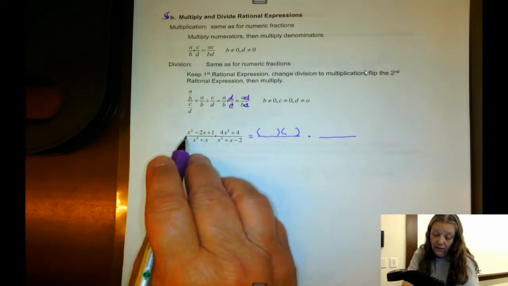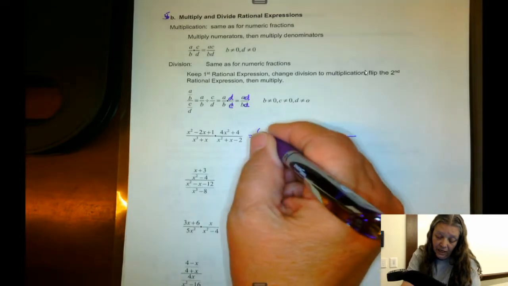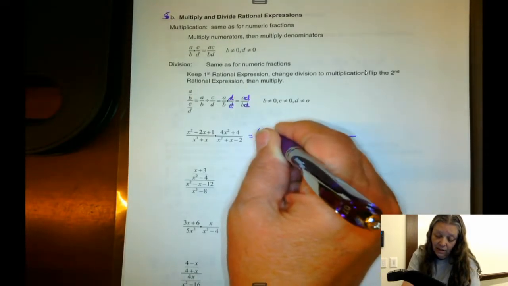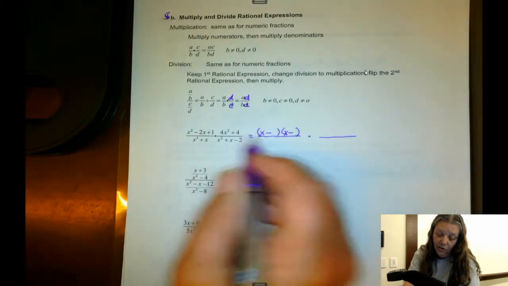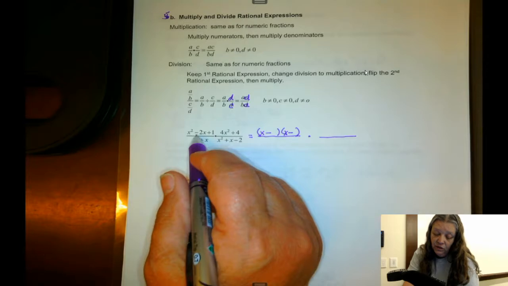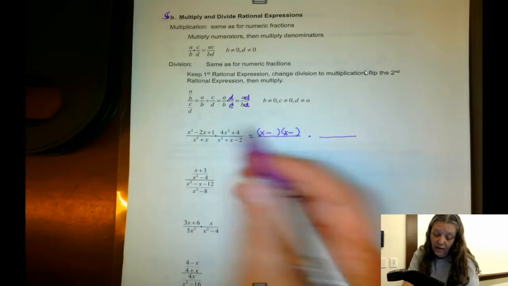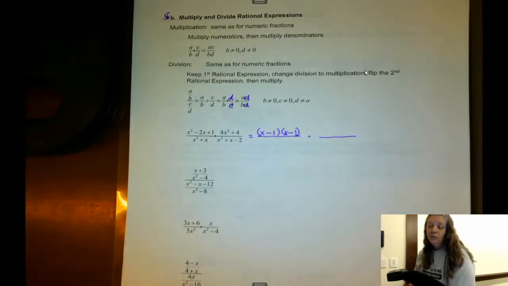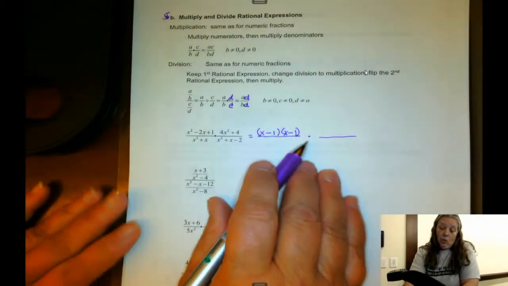So if we look at the x squared minus 2x plus 1, we have x and x, minus and minus. We know the signs are the same because the last sign is positive, so we go with the first sign, which is negative. And then it's 1 and 1 because we don't have too many pairs of numbers which when multiplied give us 1.